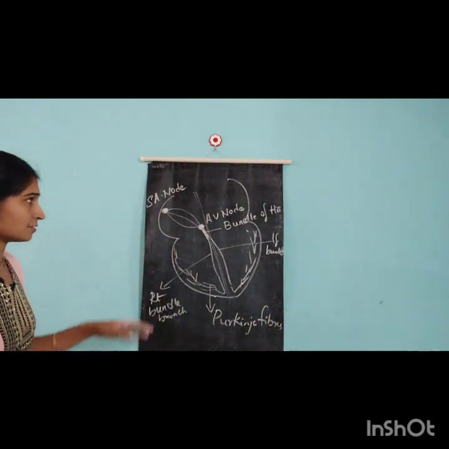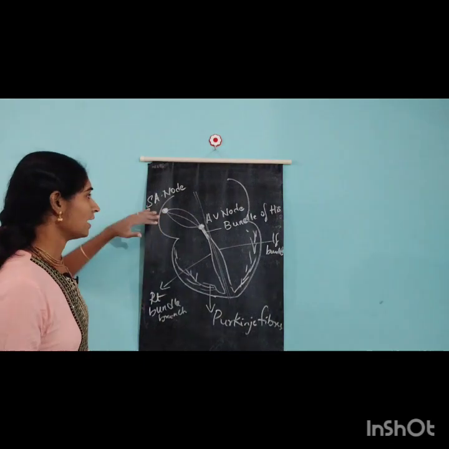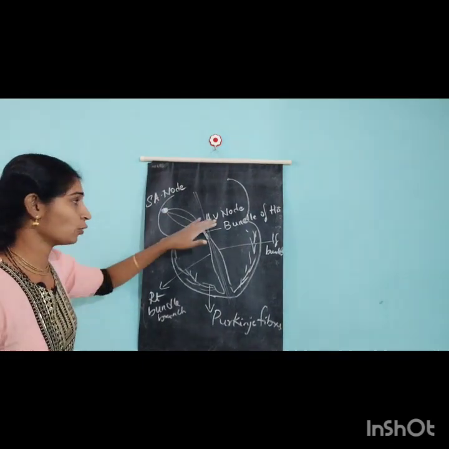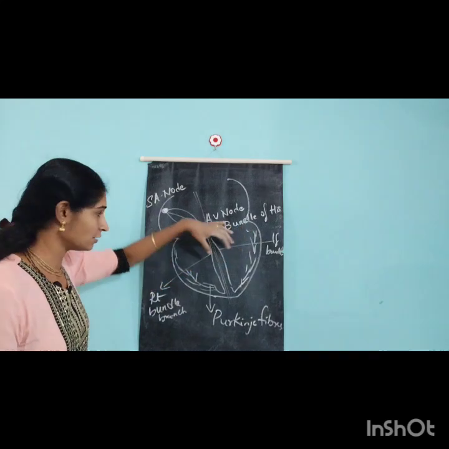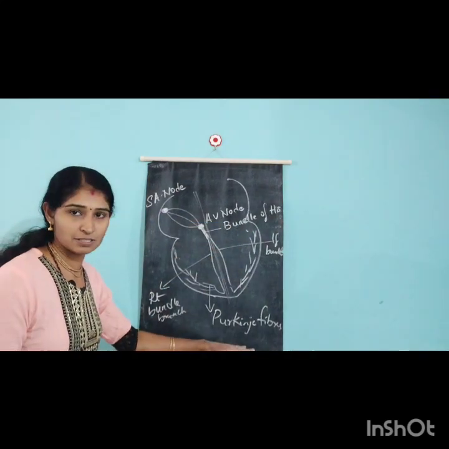So the conduction system are SA node, atrioventricular node, bundle of His, then two branches, then comes the Purkinje fibers.